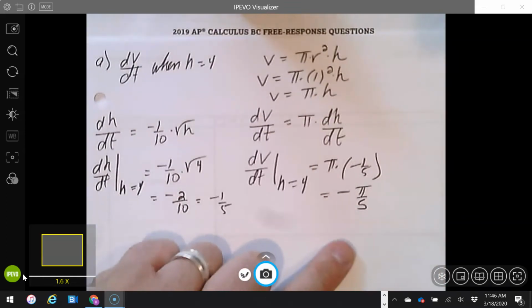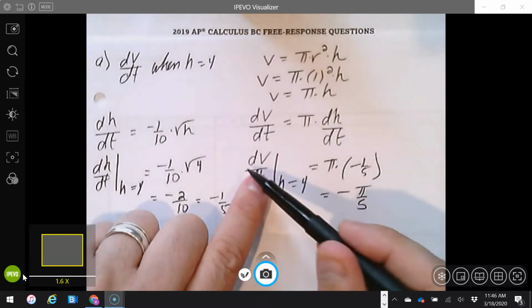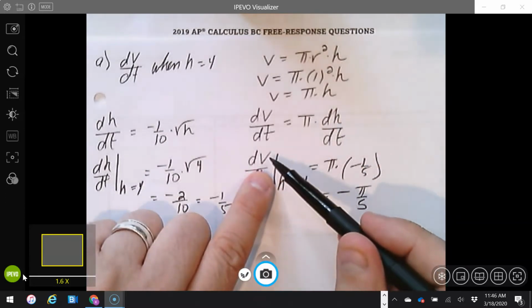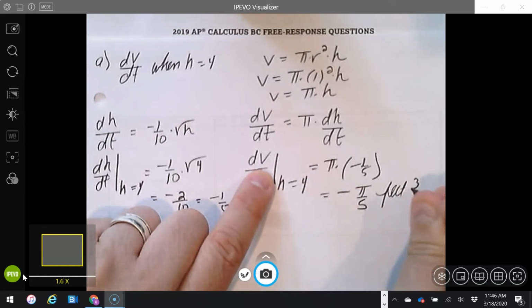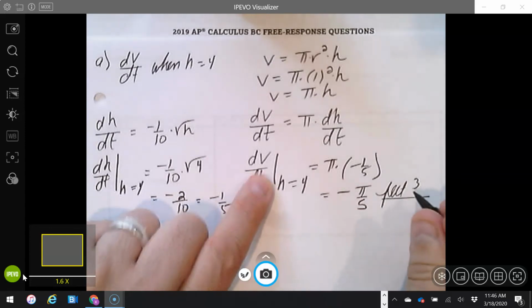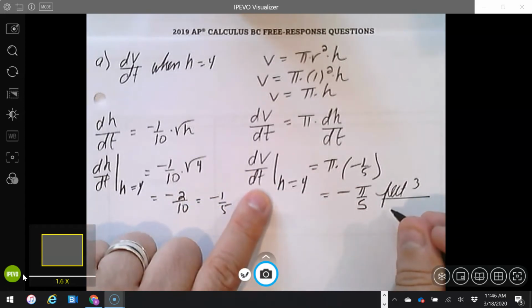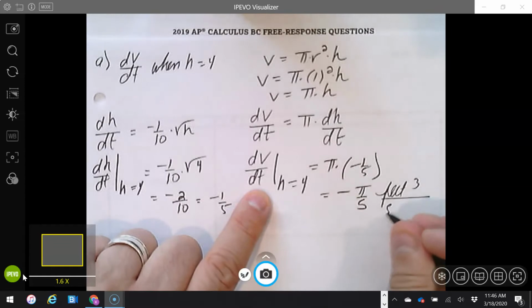Now let's be careful with the units here. V is volume. Since the height is measured in feet, the radius is measured in feet. This is going to be cubic feet for the volume. T is time, and time is being measured in seconds.